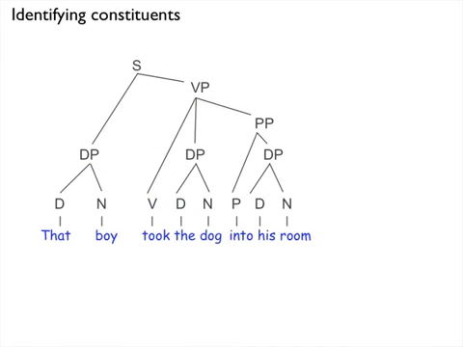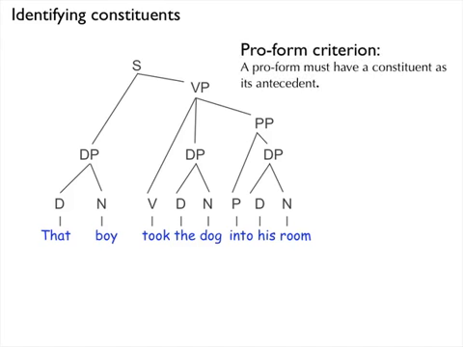So then when we have these ideas, what we want to do, and we're going back here to classic generative transformational grammar, where this stuff was all discovered, is determine the basic structure of sentences by means of applying certain kinds of tests about constituents. We've talked about these things already.